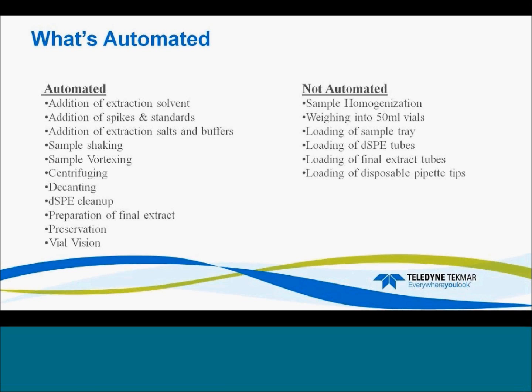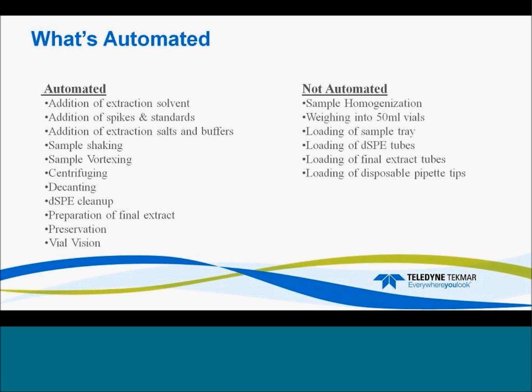So now let's move over to what is automated. The addition of the extraction solvent is automated. We can add up to 3 types of solvents. Addition of spikes and standards: we can add up to 3 spikes or 2 spikes with 1 preservative, depending on if you're going to run the EN method or the AOAC method. Addition of extraction salts and buffers: basically, it's a pre-mixed tube that contains your salts and buffers.